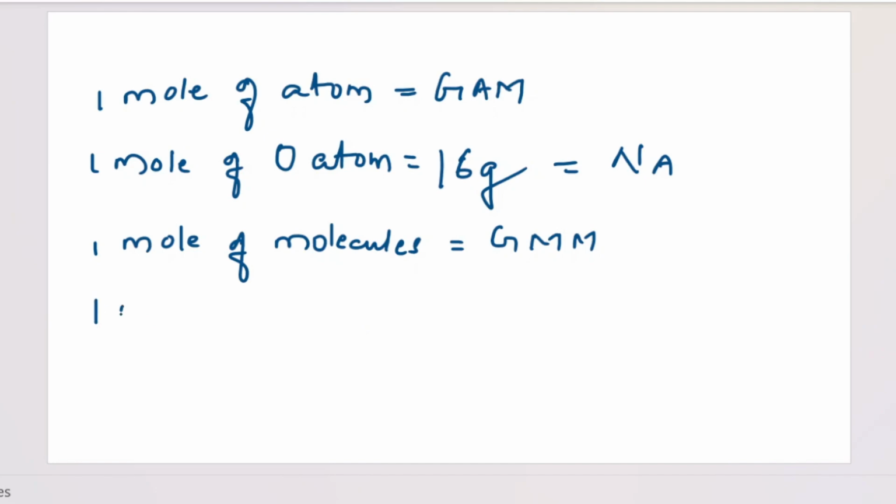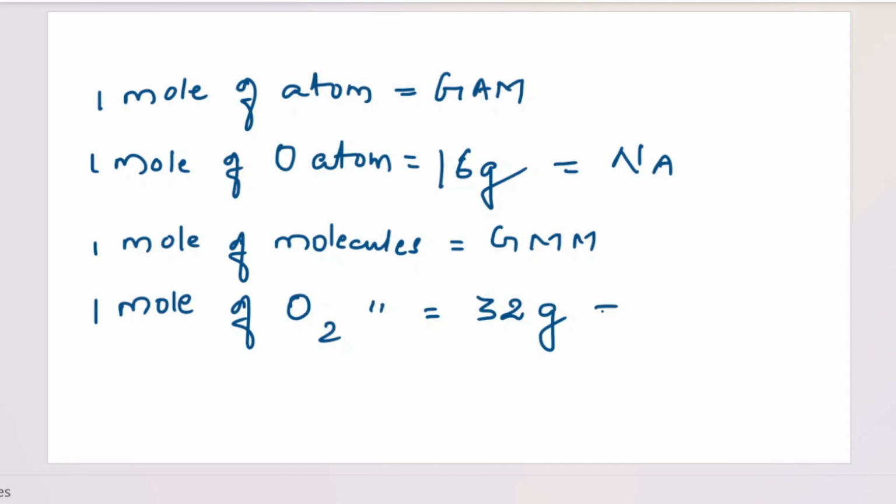Example, 1 mole of oxygen molecule is equal to, molecular mass of oxygen is 32 U. Gram molecular mass is 32 grams.